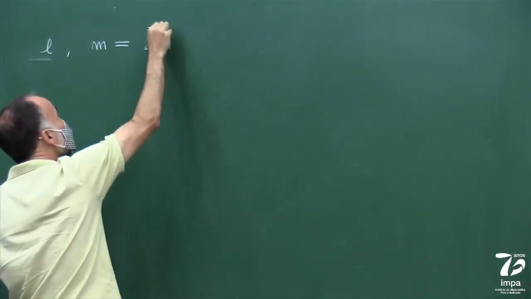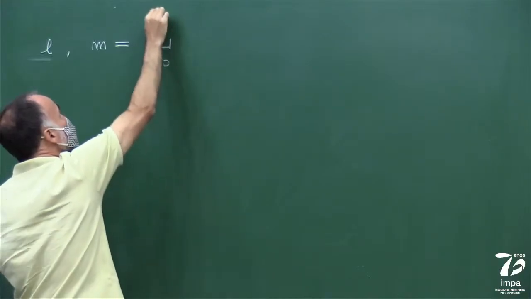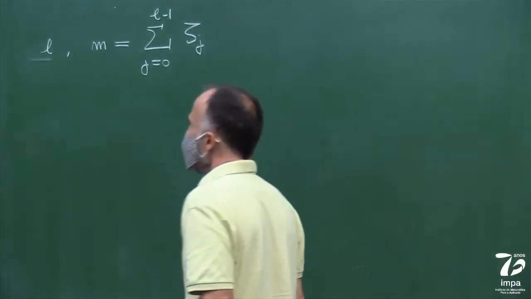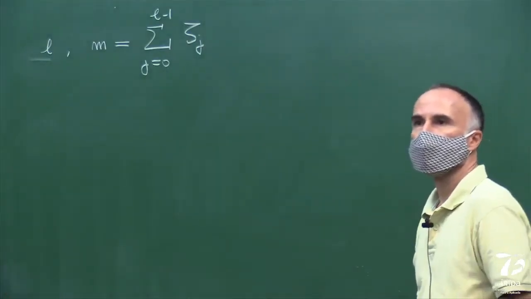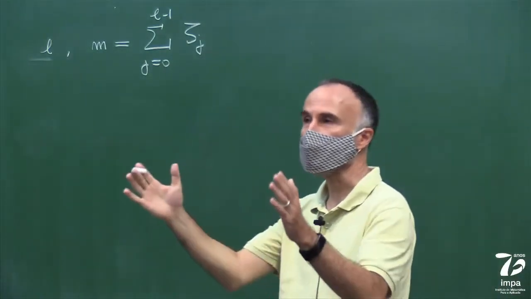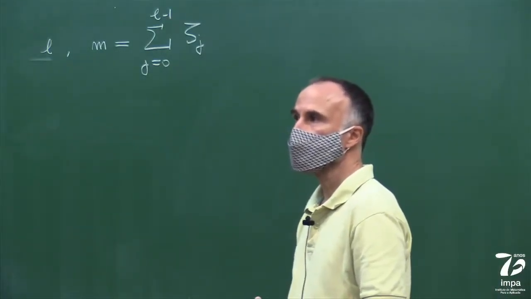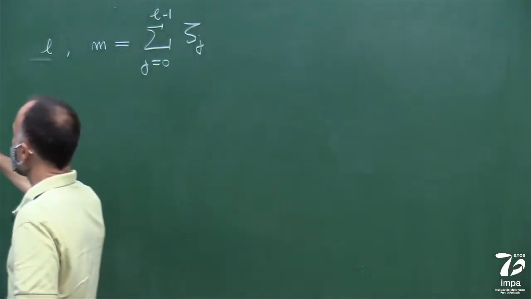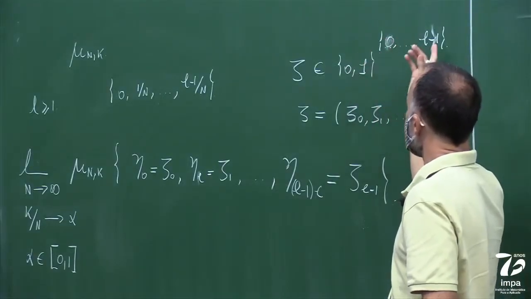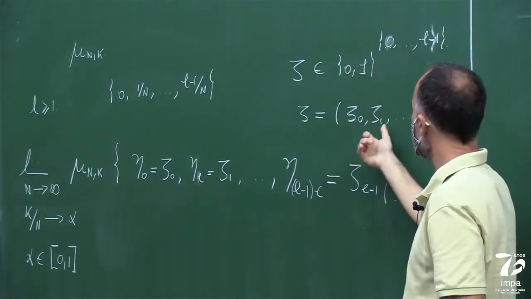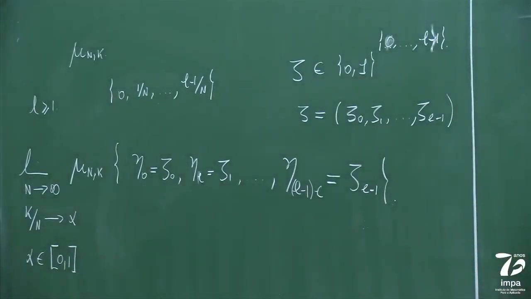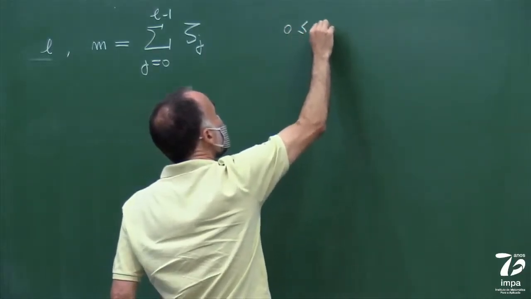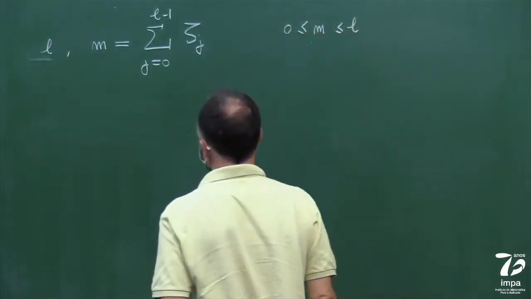So this is a sum from 0 up to L minus 1 of zeta j. So M is just the total number of particles for the configuration zeta. Zeta is a configuration, an element of {0,1} to the power L. So zeta 0 is either 0 or 1. And I just sum, and I get M, where M, of course, is a number between 0 and L.